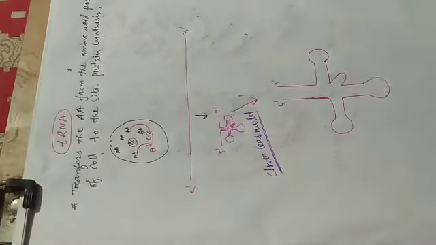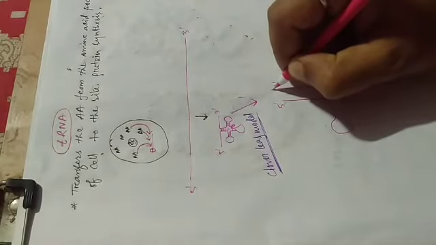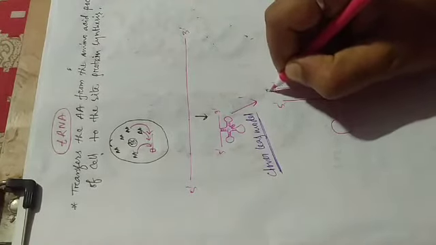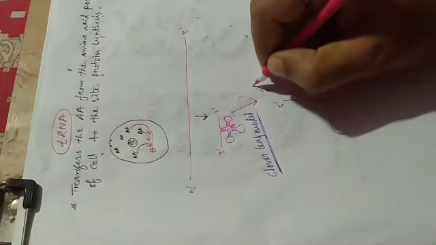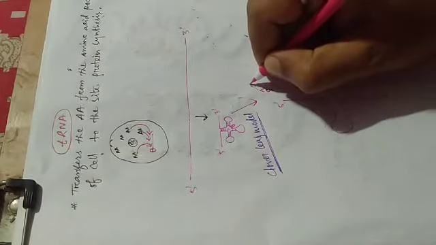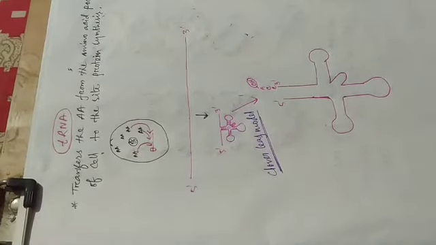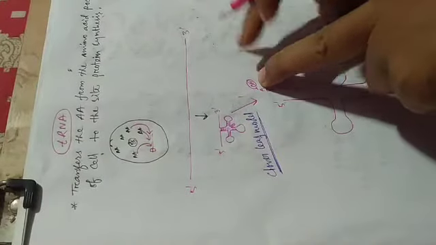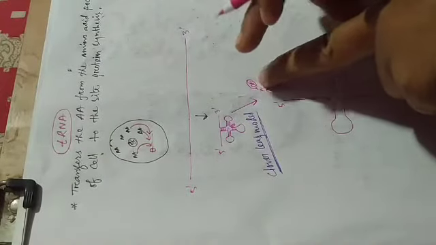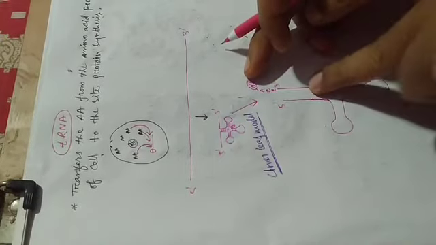The 3' end of the tRNA contains a group CCA, and the adenine has a free OH group. At that point, the amino acid gets attached with the 3' end of the tRNA.